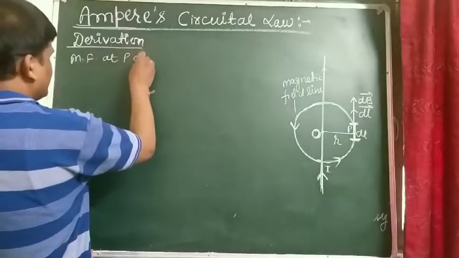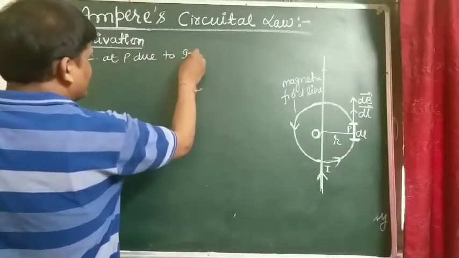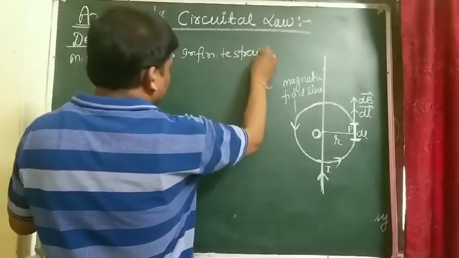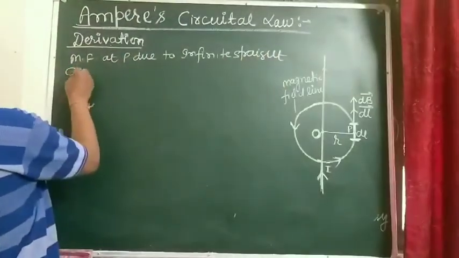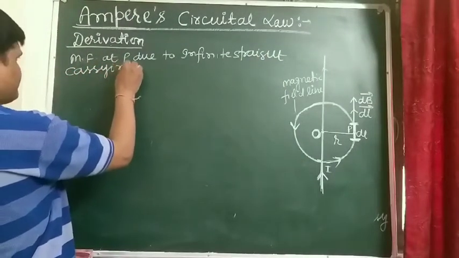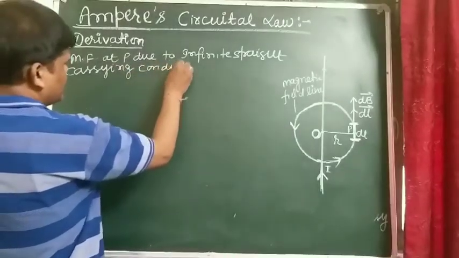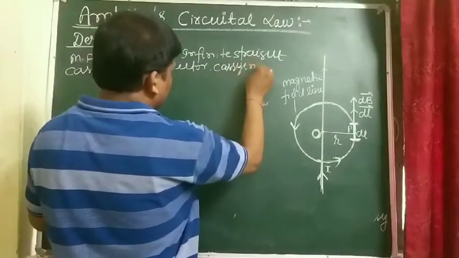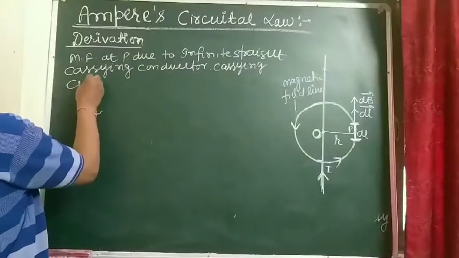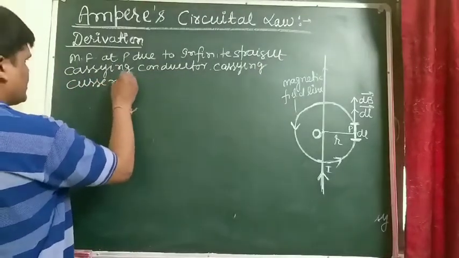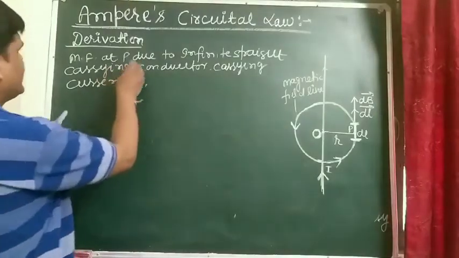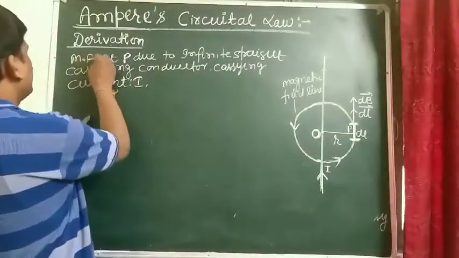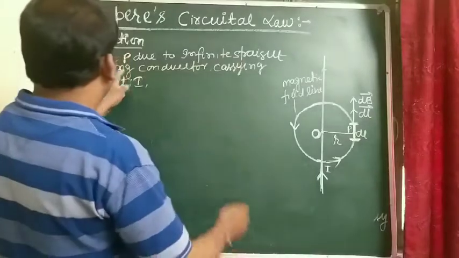So the magnetic field at P due to an infinite straight current carrying conductor carrying current I, the magnetic field at the point P, which is R distance from the wire.